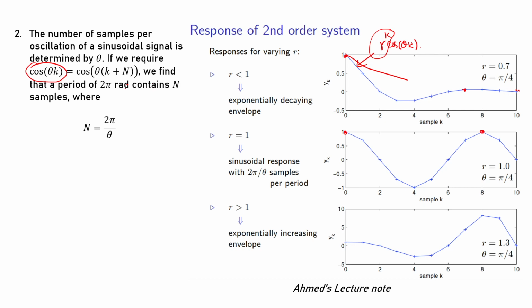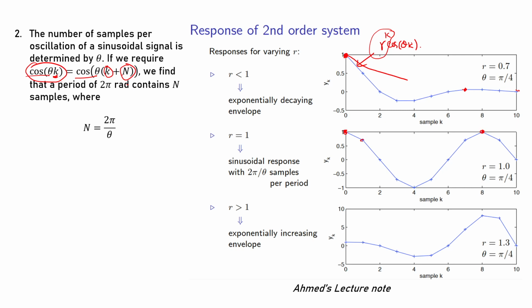So let's say we shift the sample by n to the k. We add n to the k, and we still have the same value of cosine, which means if from the peak here we add n samples, we get the peak here.